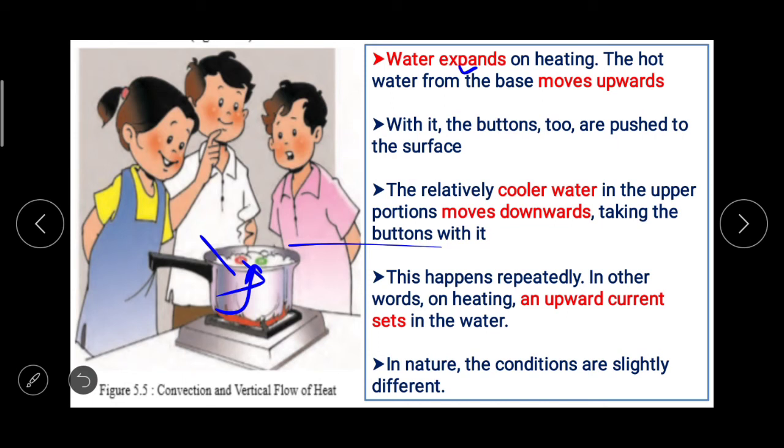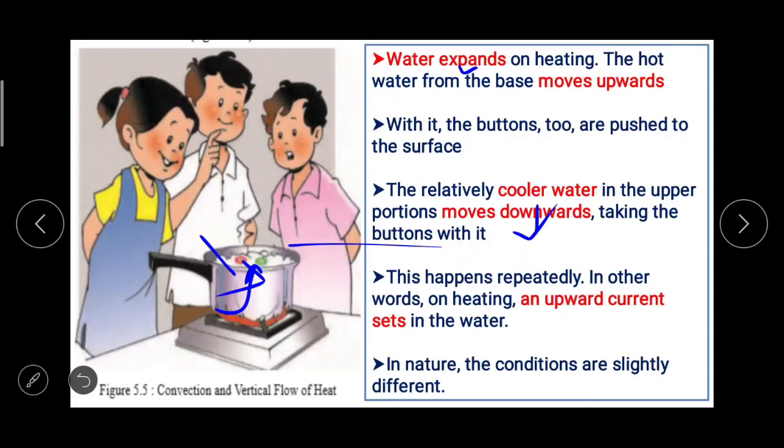With it the buttons too are pushed to the surface because of the upward movement of the water, and at the same time the relatively cooler water in the upper portions moves downwards, taking the buttons with it. The water moving upwards takes the buttons upward, and the cooler water going downwards takes the buttons with it, and this happens repeatedly.